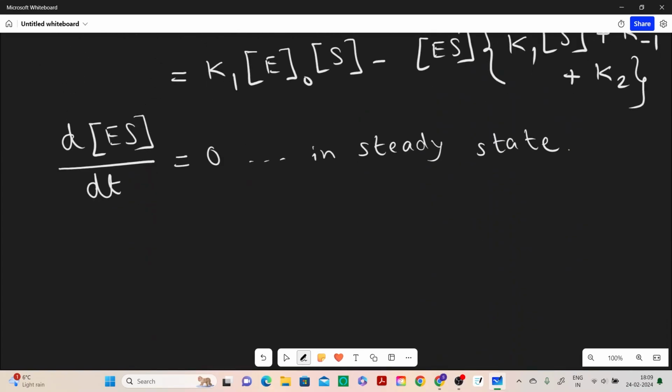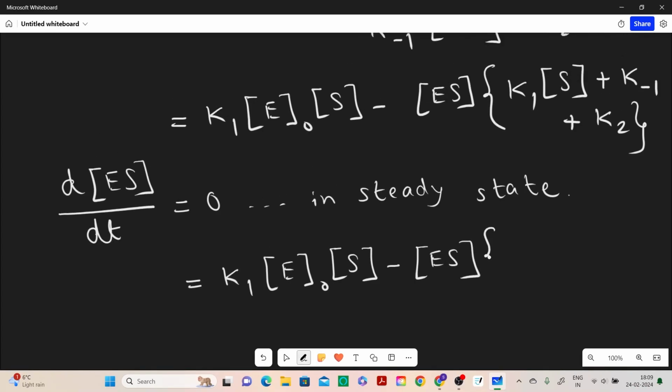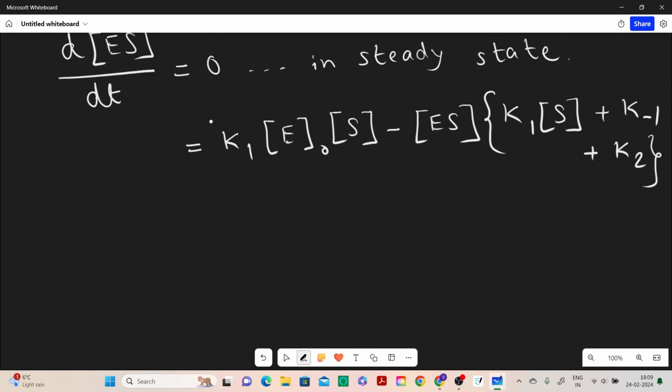So, we can write this down as K1 E naught S minus ES into K1S plus K minus 1 plus K2, right? And this is equal to 0.